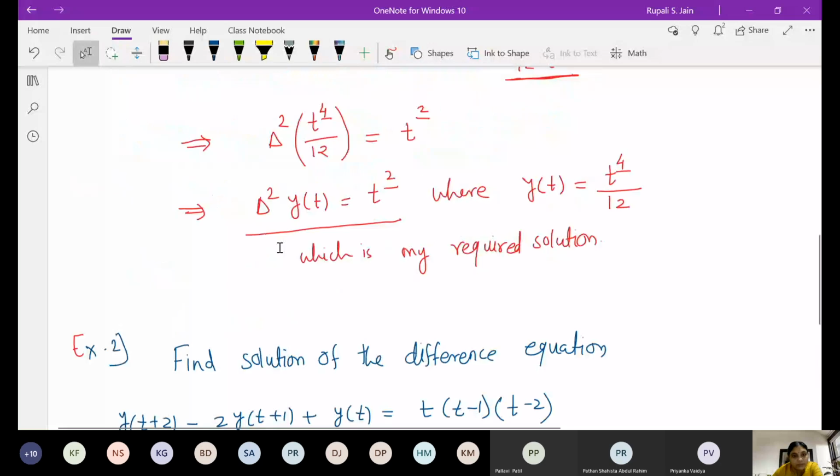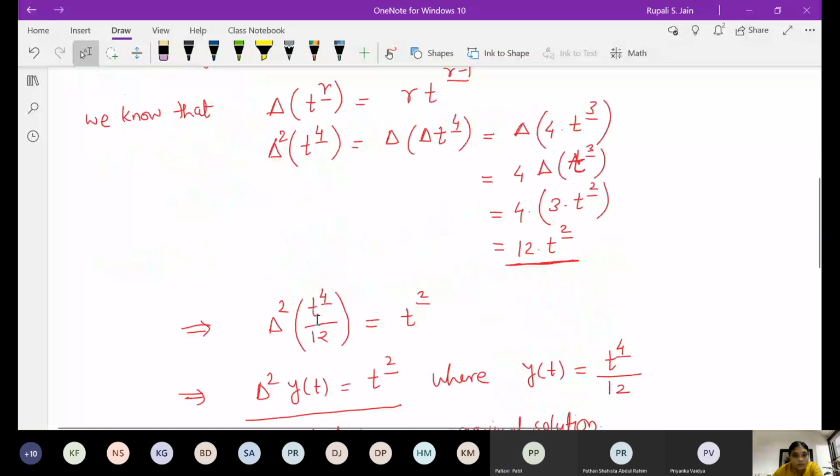If I start with delta square t to the 4 falling, then I am getting a constant times t to the 2 falling.